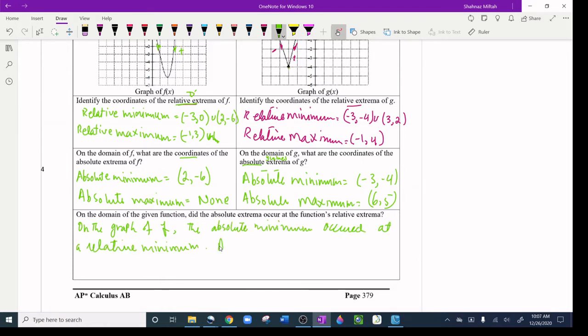This is the graph of f. The absolute minimum occurred at (2, -6), and this is one of the relative minimums. We have two of those, but it's one of them.